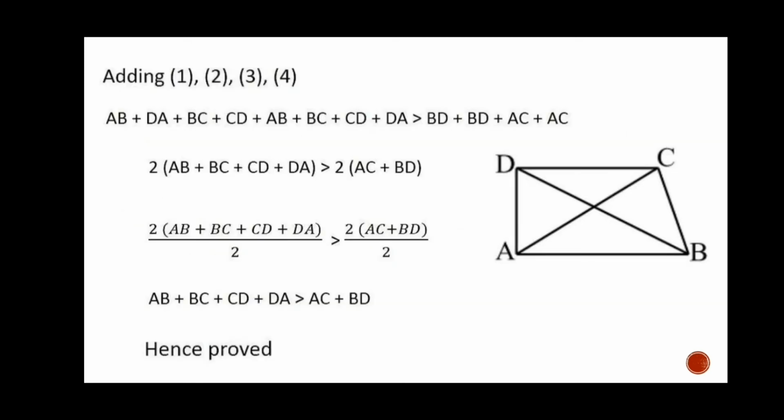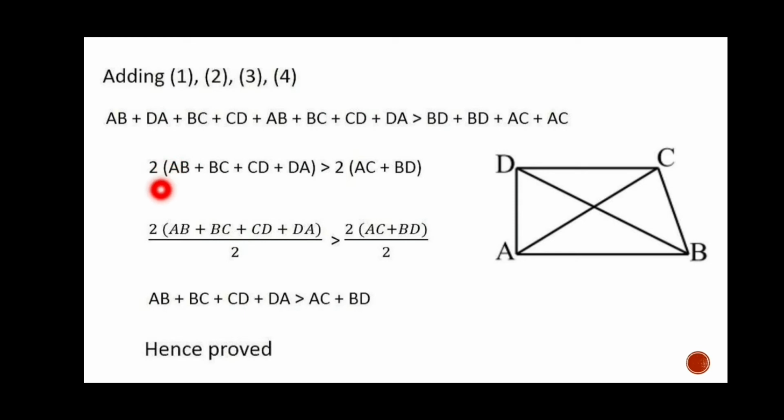So what we will do now, we will add all the 4 equations which we have made. So by adding all the 4 equations, the LHS of the equation will be this and the RHS of the equation will be this, BD plus AC plus AC. So from this LHS side you can see AB is twice, BC is also coming twice, CD and DA both are also coming twice. So all these 4 sides are coming twice.